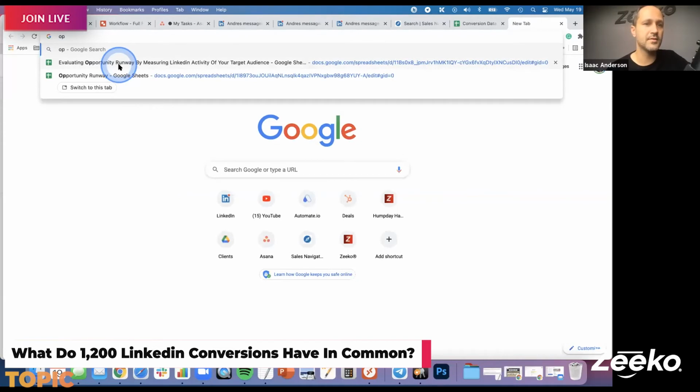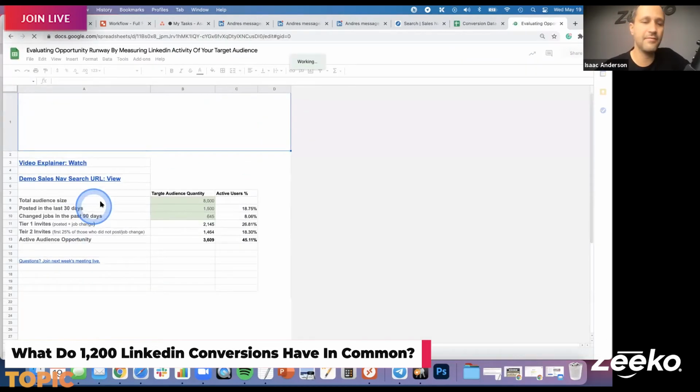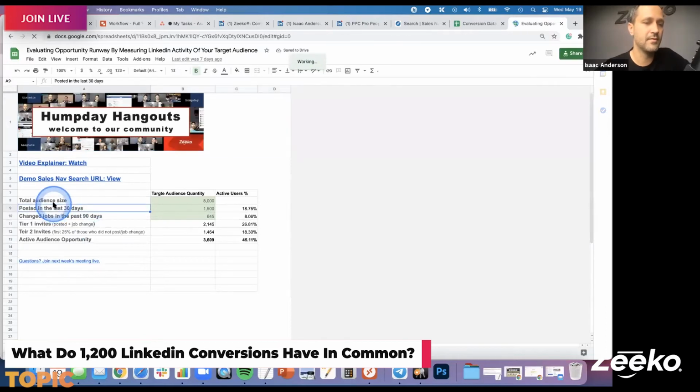So this is what we threw together. I put this together after last week as a resource for using search to filter the activity that we discussed last week. I actually used a more refined version in a sales call yesterday. But if we're looking at those numbers, the posted plus job change really is a big deal.